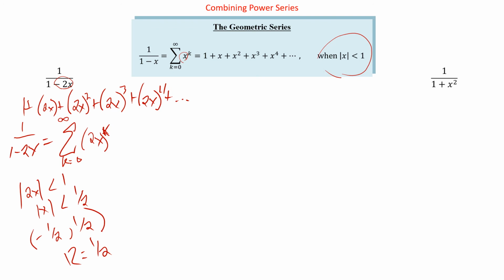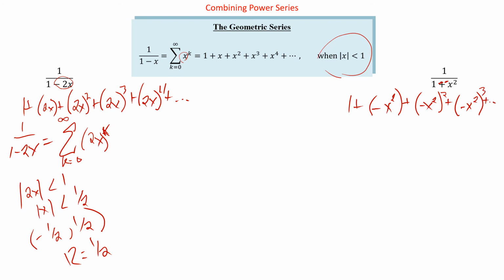Another one, 1 over 1 plus x squared. Same deal, except instead of replacing with 2x, we're going to replace with negative x squared, because this is 1 minus negative x squared. So we'll have 1 plus negative x squared plus negative x squared squared plus negative x squared cubed plus dot dot dot.